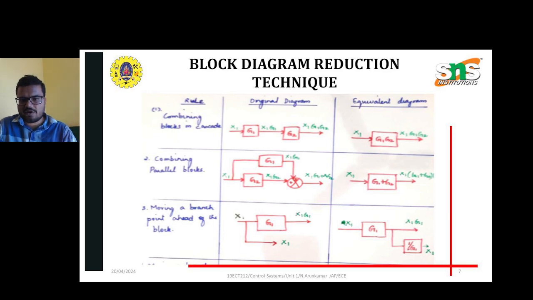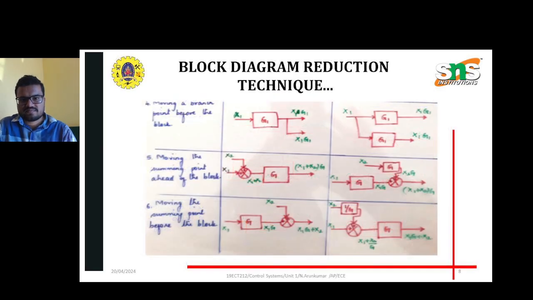If they are parallel, then we can write the blocks as this equivalent diagram. All block diagrams can be reduced based on these properties. We can also move the branch point ahead of or before a block.